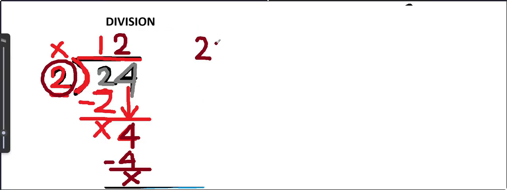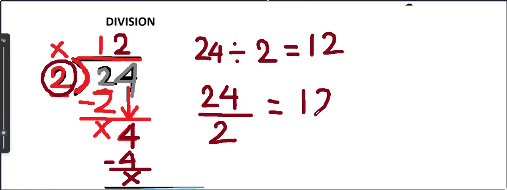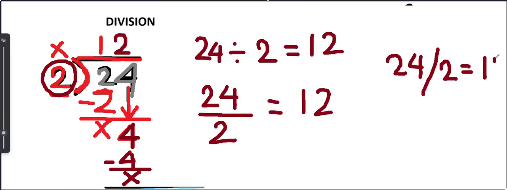That means 24 divided by 2 is equal to 12. I can also write it in other ways as well.